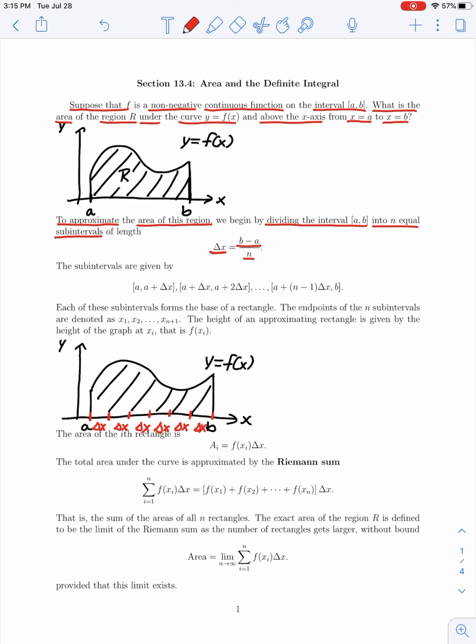So the intervals that we're considering are the following. The particular subintervals are from a to a plus delta x, then from a plus delta x to a plus 2 delta x, and so on, up through our last interval, which would go from a plus n minus 1 times delta x to b.